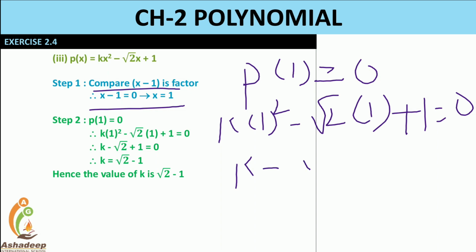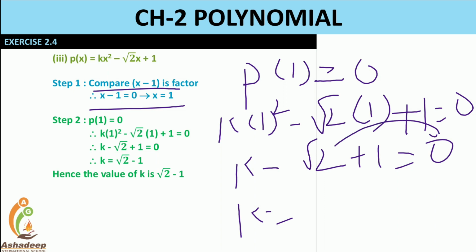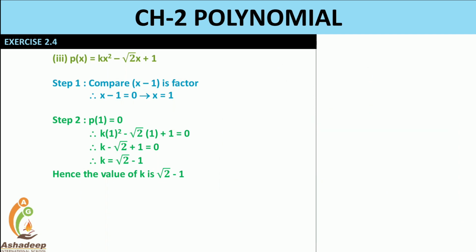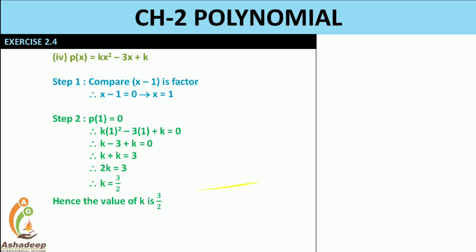So k minus root 2 plus 1 is equal to 0, and therefore k, if minus root 2 goes on to the another side, it becomes plus square root of 2. If plus 1 goes on to the another side, it becomes minus 1. So k is equal to square root of 2 minus 1. Hence the value of k is square root of 2 minus 1.